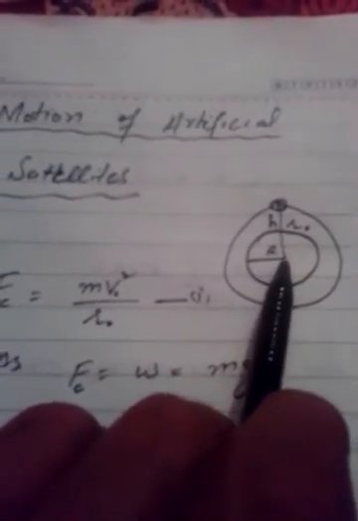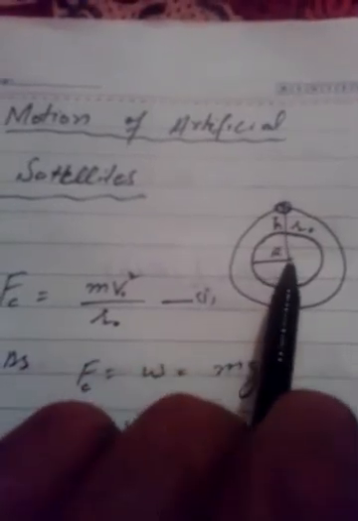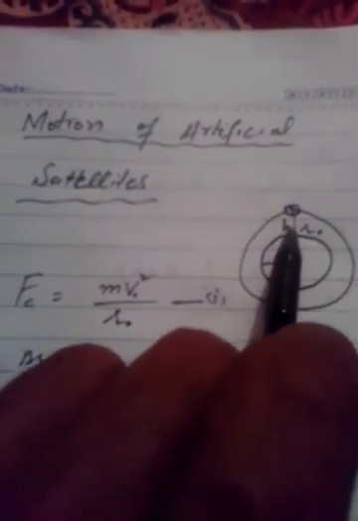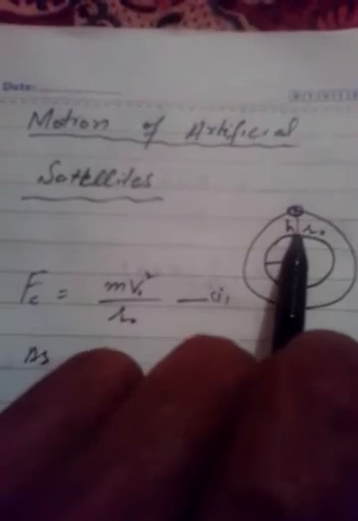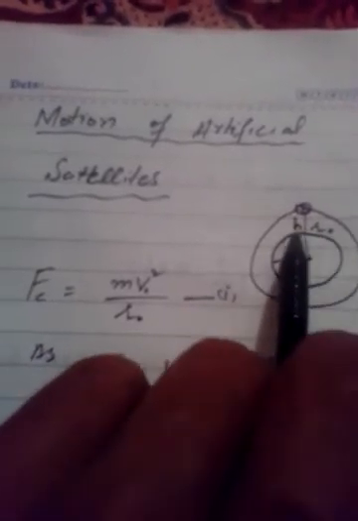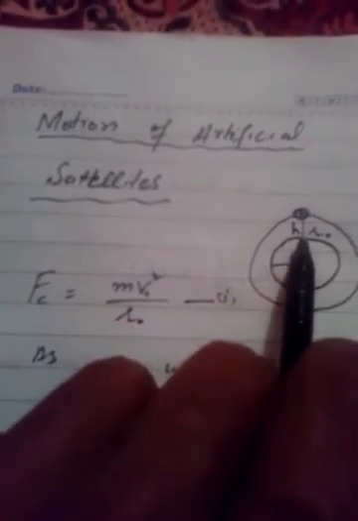This is the radius of the earth from the center to the surface of the earth, and this is the height of the satellite from the surface of the earth.